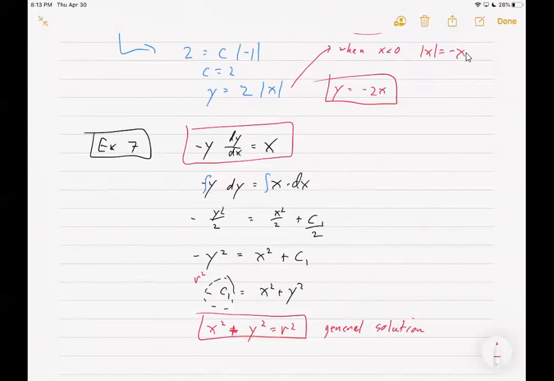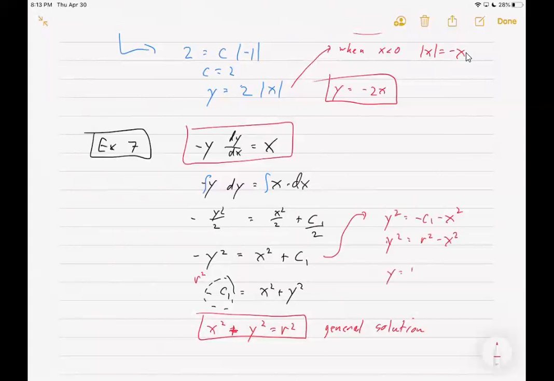Now we could have done this where we did isolate and solve for y. You would end up with y squared is equal to c1 minus x squared, actually -c1. But if we replace negative C1 with r squared, we could say that y squared is equal to r squared minus x squared.